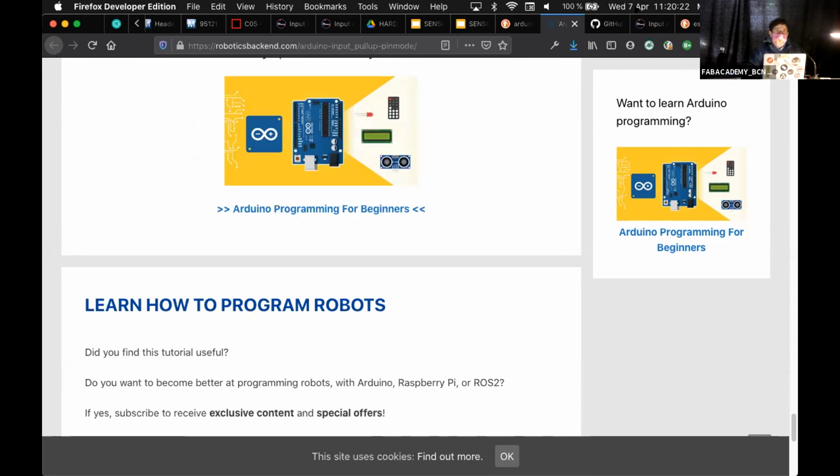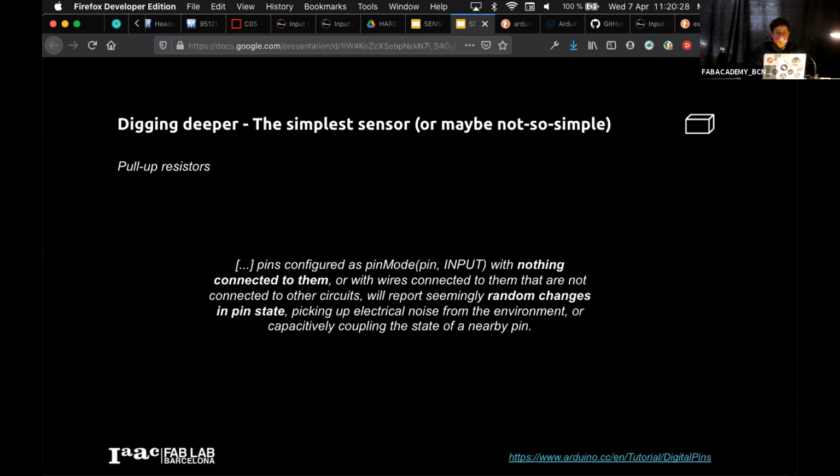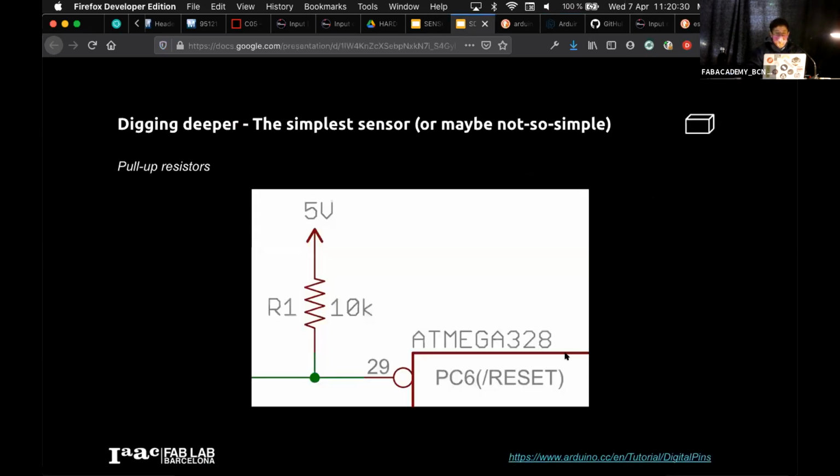I'll look at the data sheet during the break, and I'll answer the question regarding the pull-up or pull-down now. At the end, what you want is to know whether or not you are in a known state.